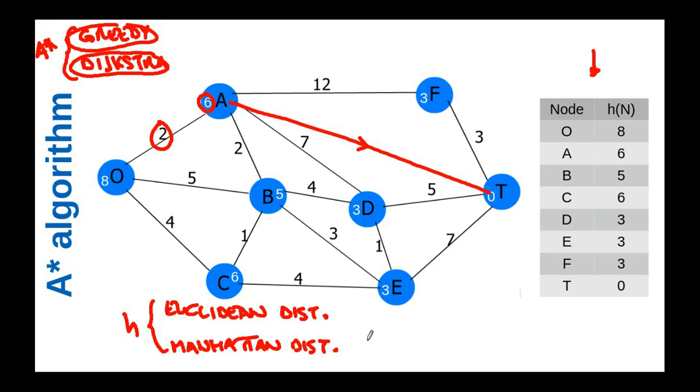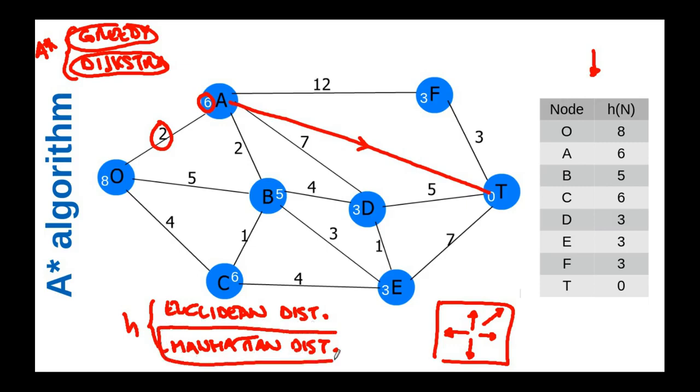These Manhattan distances are considered in those problems where you have, for example, some kind of constraints in the movement, when you can only go up, down, left or right, but you cannot go in a diagonal form, then you must consider the heuristics as Manhattan distances.